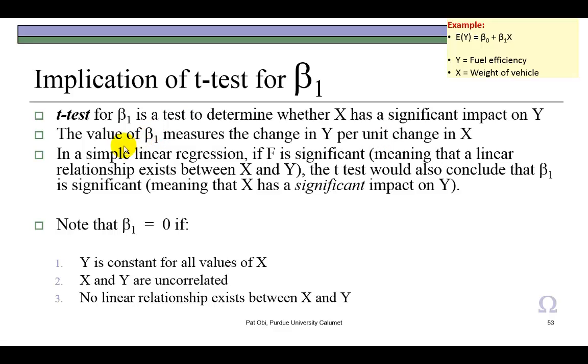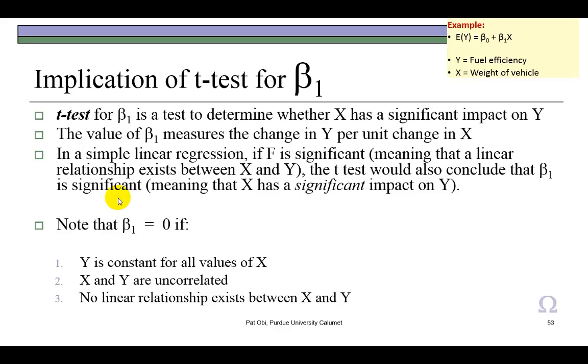Importantly, in a simple linear regression, if the F-statistic is significant, meaning that there is a linear relationship, then the t-statistic would also conclude that b1 is significant, because the two are essentially the same. So what does this tell us?